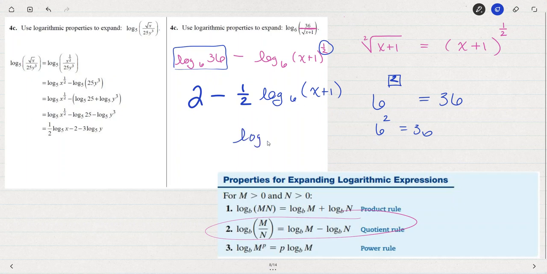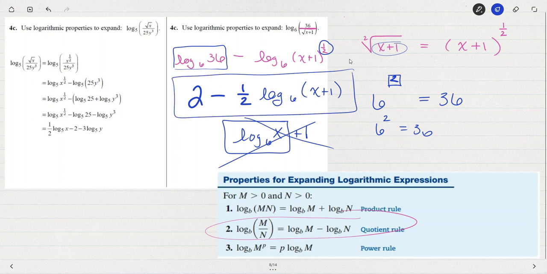Without the parentheses, it would be interpreted as log base 6 of x plus 1. That's not what we're doing, is it? What we want to do is the log of the entire radicand, the entire x plus 1. So make sure you've got those parentheses on the x plus 1.